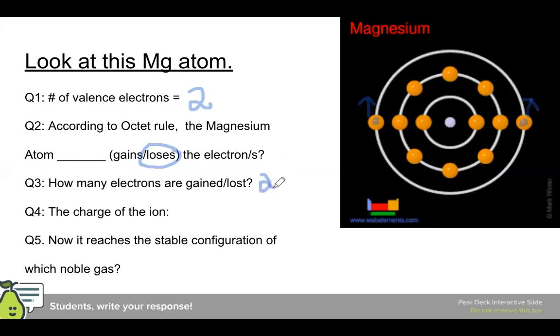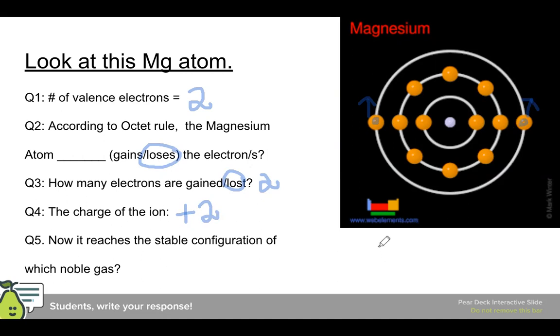How many electrons are lost? 2 electrons are lost. And what is the charge of the ion? When it loses electrons, it becomes positive. So 2 electrons are lost, so positive 2. The last question is, now it reaches the stable configuration of which noble gas?